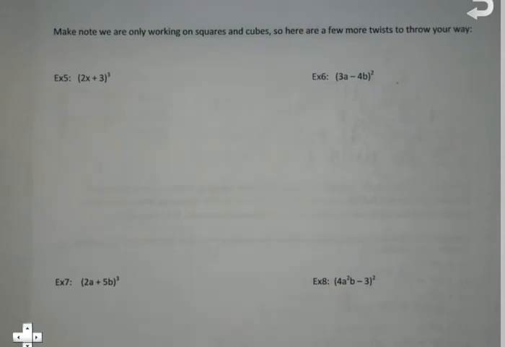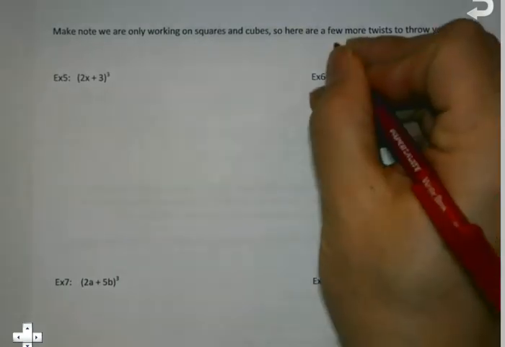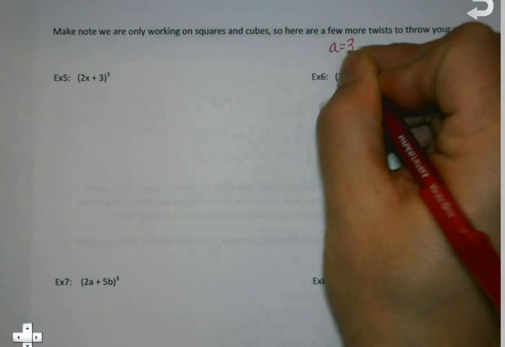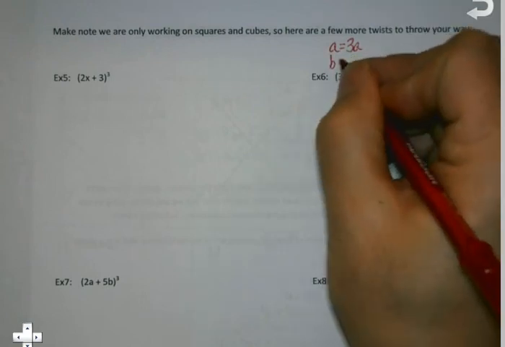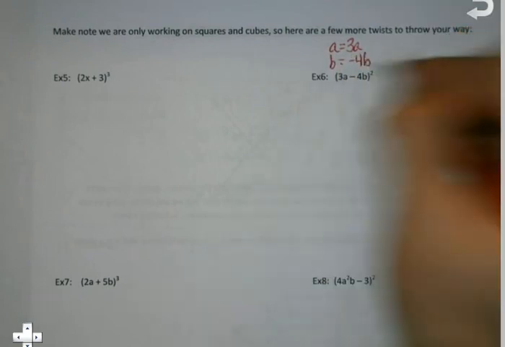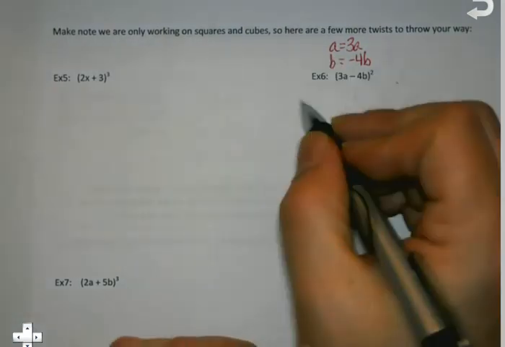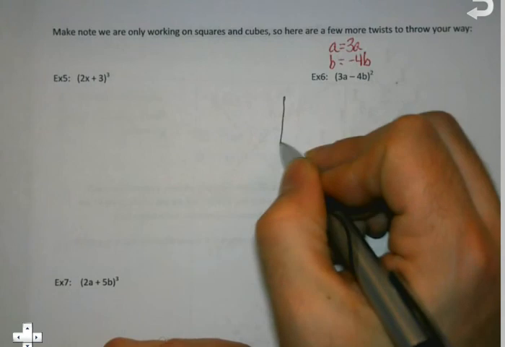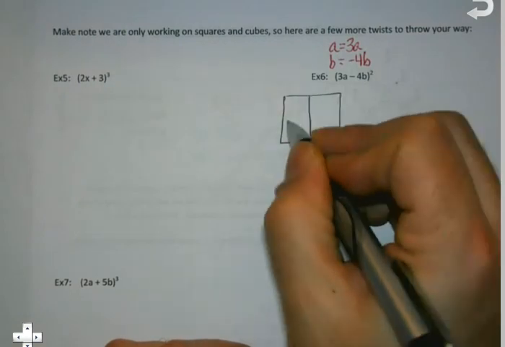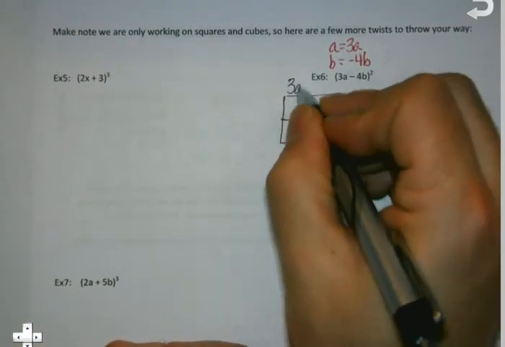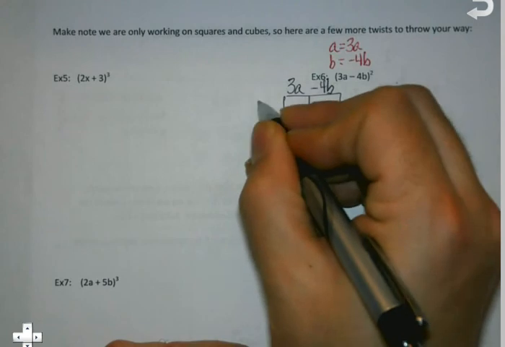When I'm looking at this, if I'm doing the pattern, my A value is 3A, my B value is negative 4b. Now, some of you may say, well, that's squared, so I'm just going to box it out. If you went that route, I just have 3a minus 4b on each side.